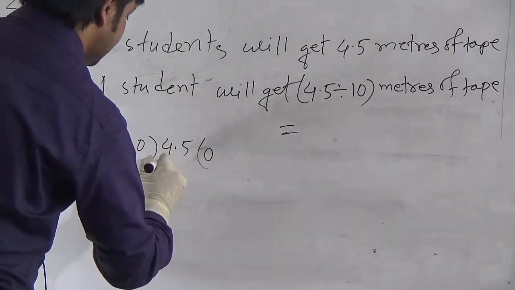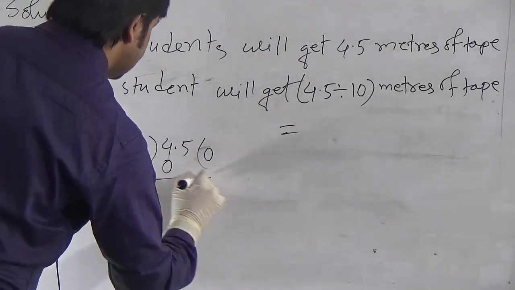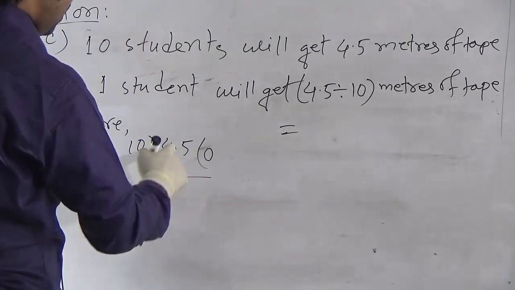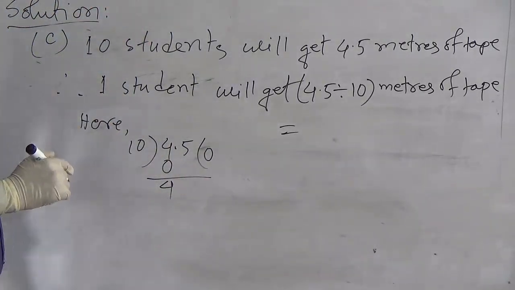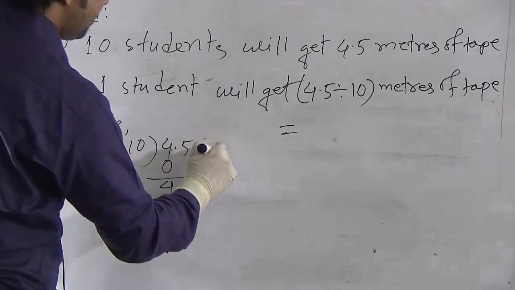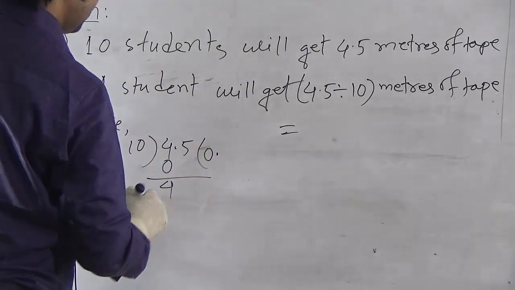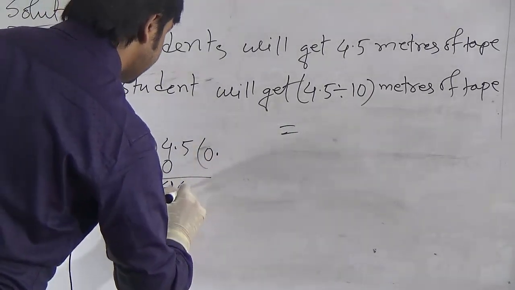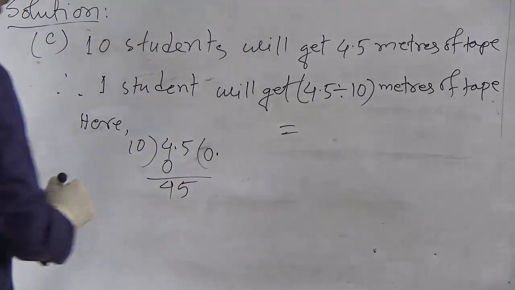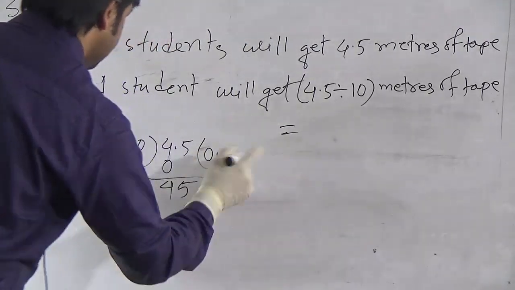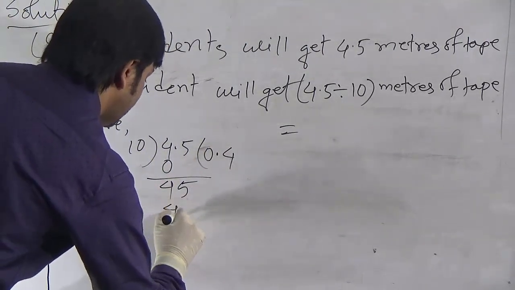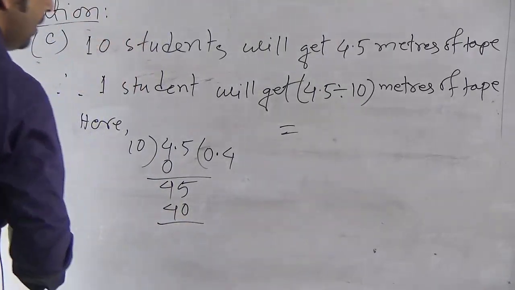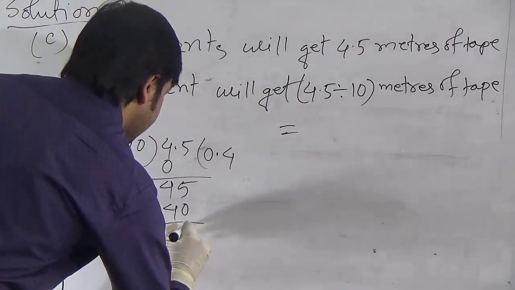Now multiply 10 by 0, this will be 0. Now subtract, this is 4. Now we have to remove the decimal. If we want to remove the decimal, we have to take a decimal in the quotient. Then we can take the next digit 5. Now this is 45, take 4 times. 4 times 10 will be 40. Then if you subtract, you will get 5.